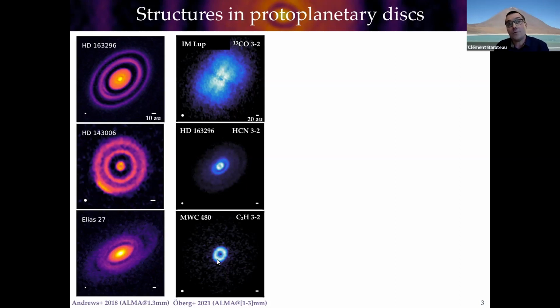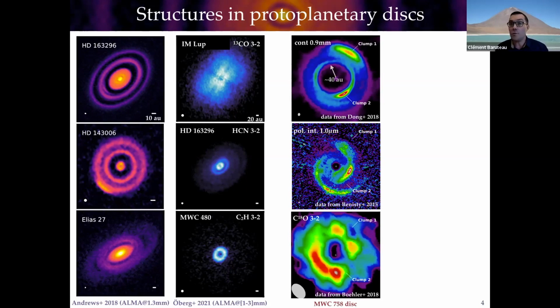We can also look at a given disk to get some further constraints by observing it at different wavelengths and with different beams. This is what I'm showing you here with this MWC 758 disk, an interesting disk which features a large cavity in the continuum emission. This is the disk with ALMA at 0.9 millimeter wavelength. You see the central star, surrounded by this large cavity in the millimeter, which is about 40 astronomical units wide.